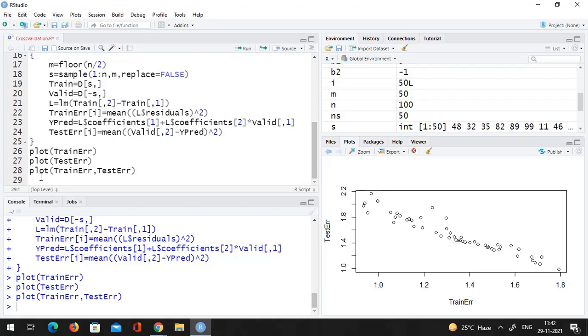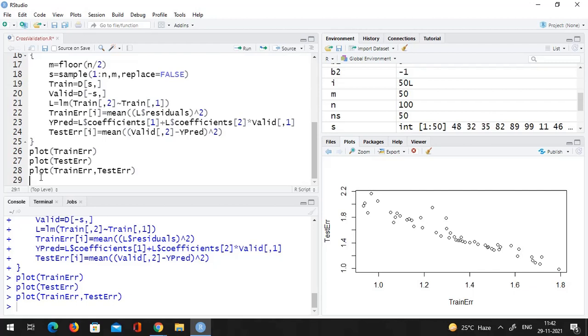Ma'am, whenever the train error is lower, the test error is higher because there is the problem of overfitting of the model occurring. When overfitting is occurring, the model is trying to recognize the train data set so well that whenever it is facing new data points, it is facing problems.